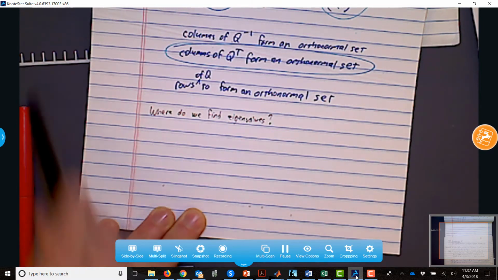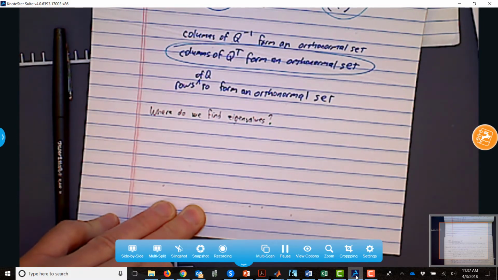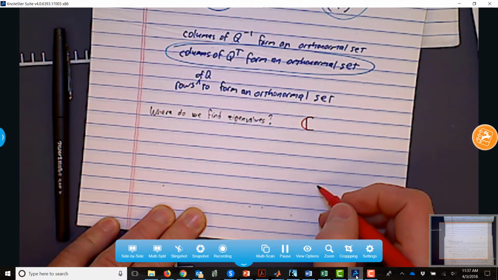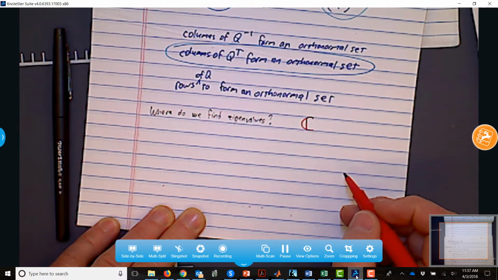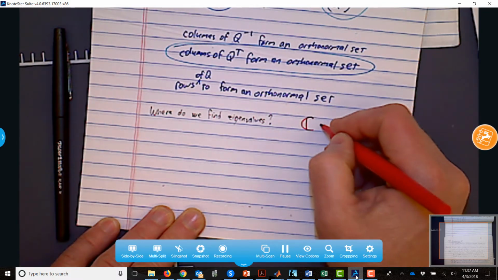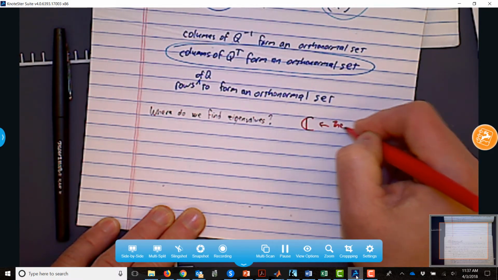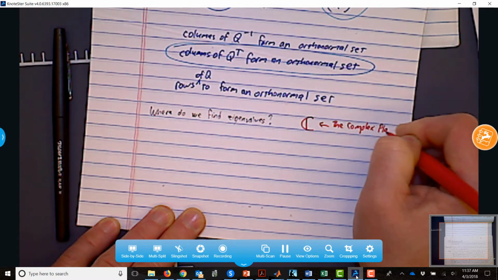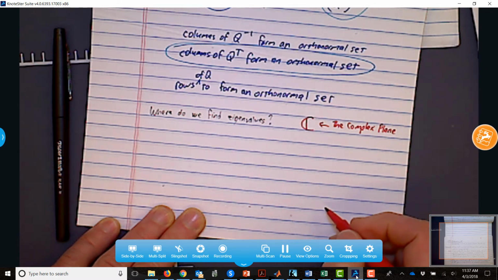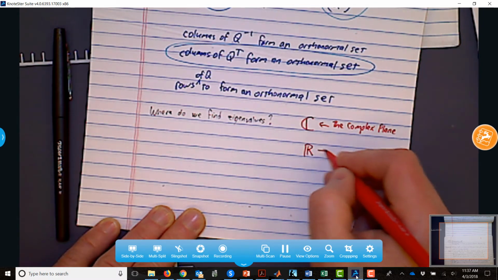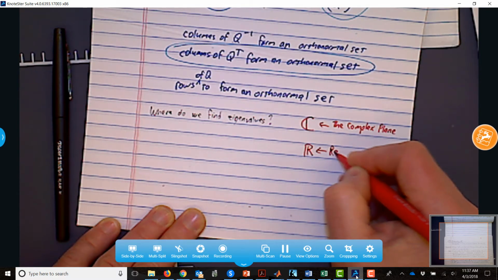And the answer is this. This is the complex plane. Do you guys know what this stands for? Yeah, all real numbers. This is called the real number line.